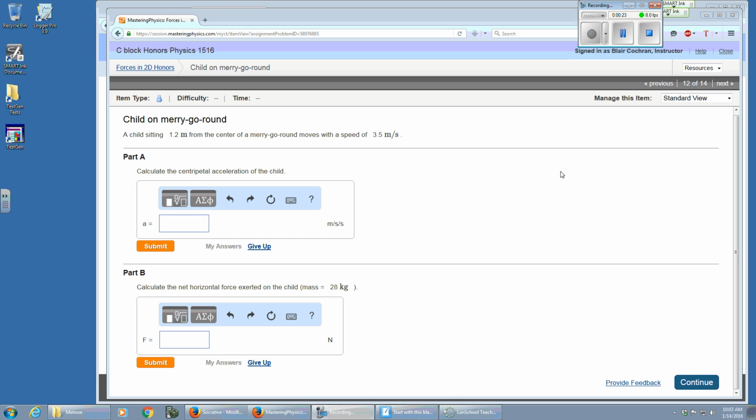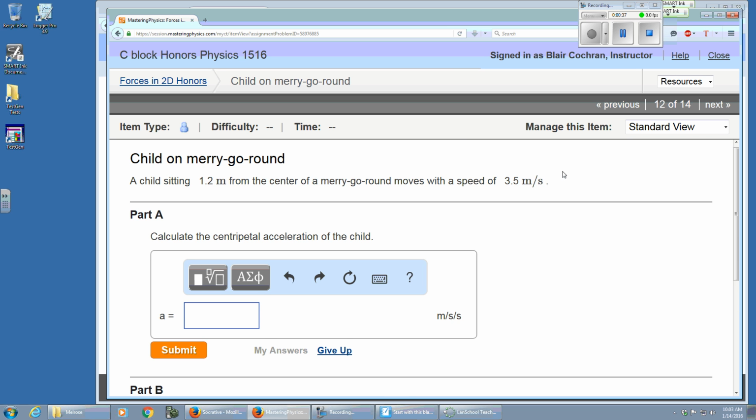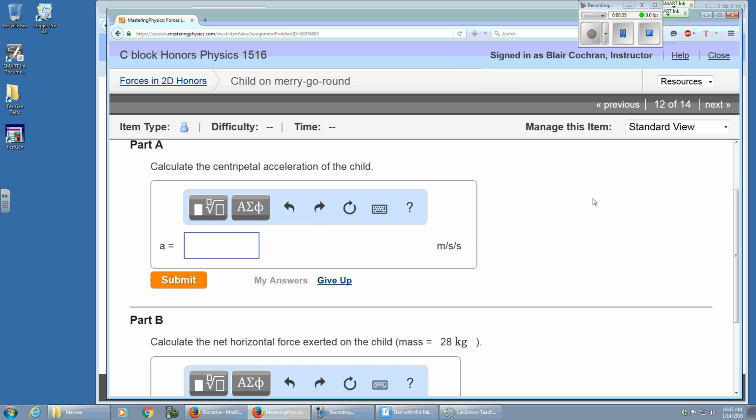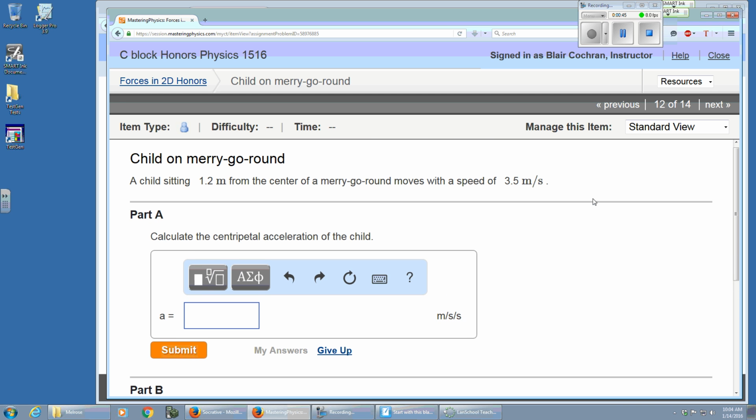I'm assuming that's the speed of the child. Let me see if I can make this bigger. That's a little bit better. And they want to know the centripetal acceleration and the net horizontal force on the child.